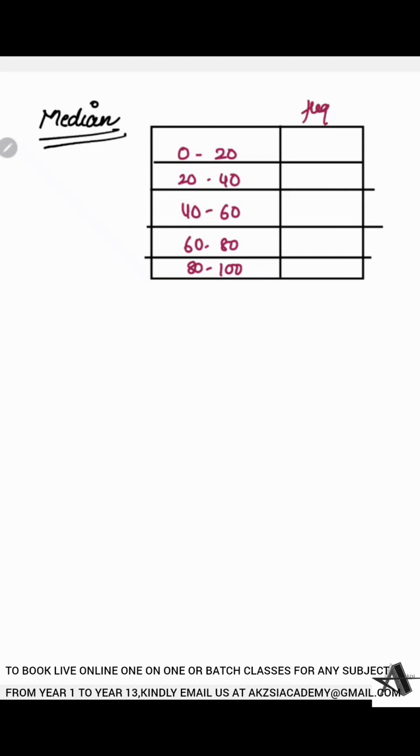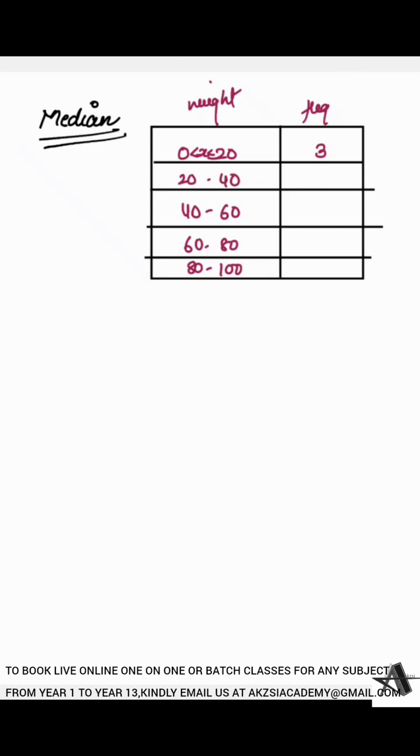Suppose this is the weight of an object. There are 3 objects whose weight is between 0 and 20. Obviously it cannot be 0, so it is greater than 0. It can be 0.1 but not exactly 0.